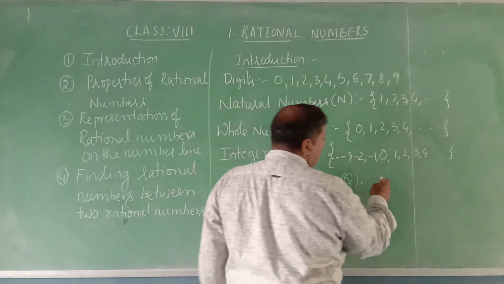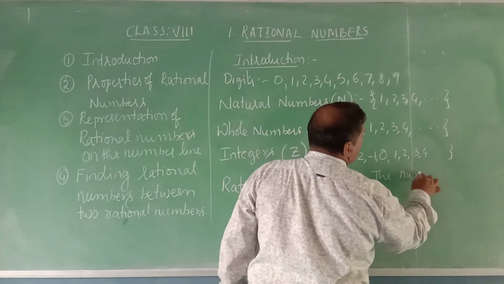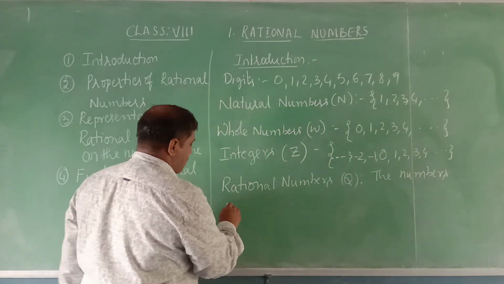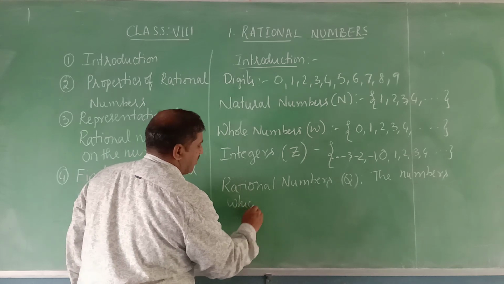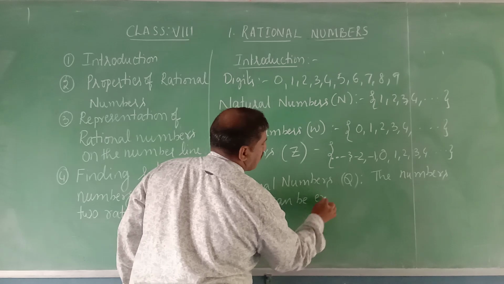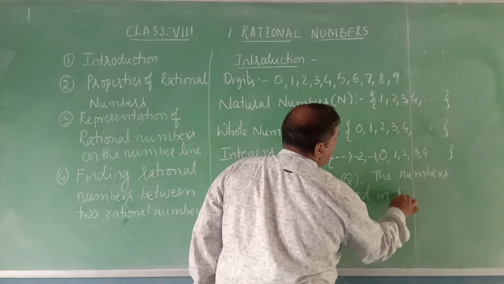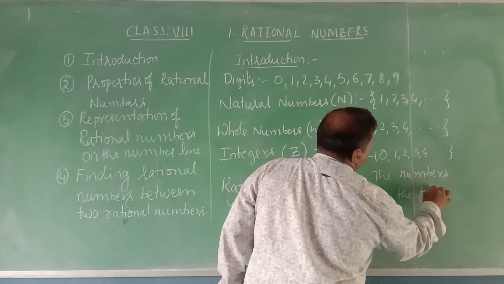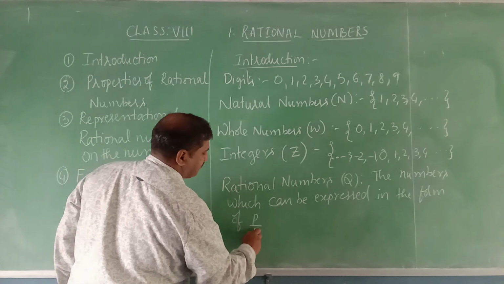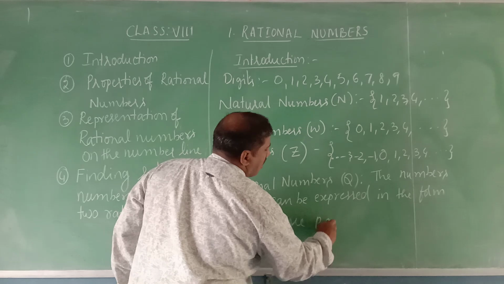So rational numbers are the numbers which can be expressed in the form of p by q, where p, q are integers.